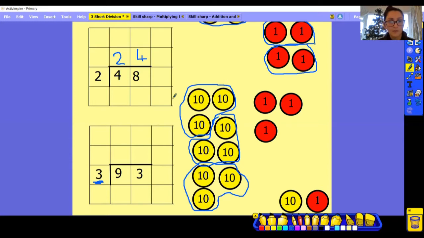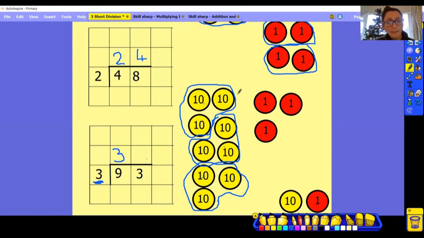So how many groups of 3 do we have? 1, 2, 3. And if you know your times tables really well, if you do 9 divided by 3, so how many 3s do you need to make 9? 3, 6, 9. 1, 2, 3. Just our number up here.